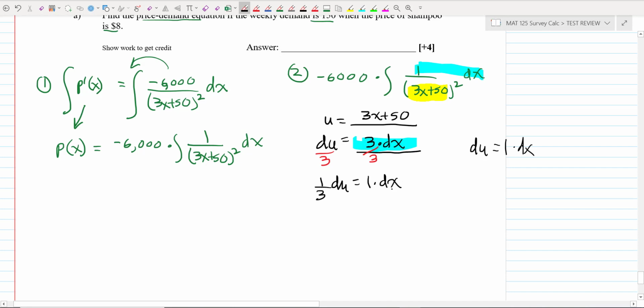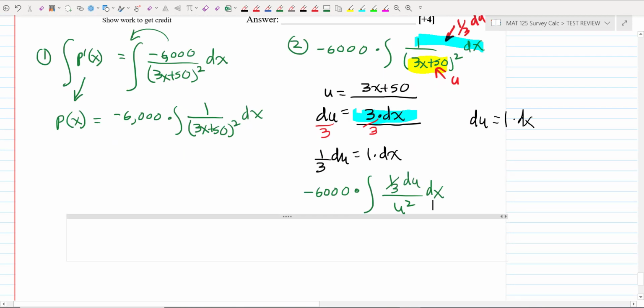Okay, now I can put this all together. So basically, the 1 dx is going to be 1/3 du, and then the 3x plus 50 is going to be u. So we end up with the integral negative 6,000 times 1/3 du over u squared. Okay, that's an integral that we can definitely manage.